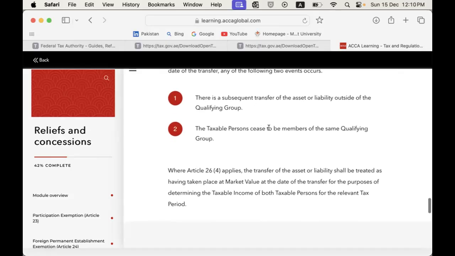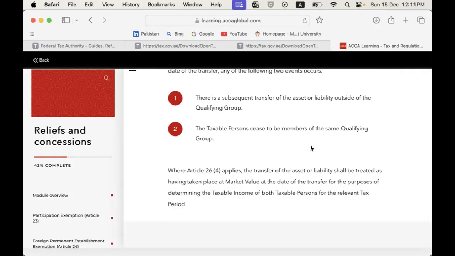And taxable persons cease to be member of the same qualifying group. So, what would be the reason that a taxable person ceases to be member of the qualifying group? Chances are that the 75% shareholding threshold may dilute and go below, or, I think this is the main criteria, 75% shareholding.